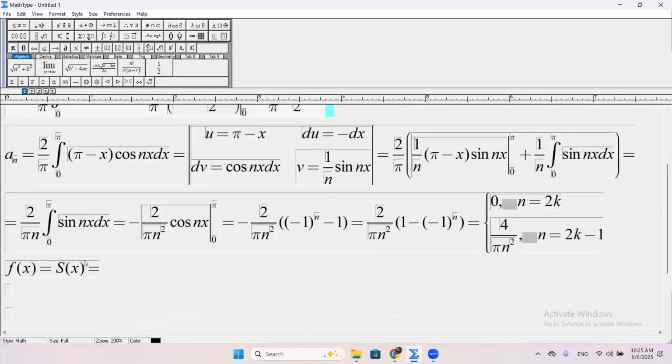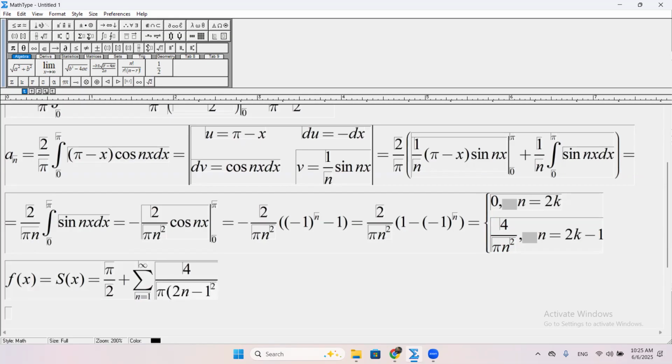So p over 2 plus the sum from n equals 1 to infinity, and here I will substitute 2n minus 1 squared and cosine of (2n minus 1)x.